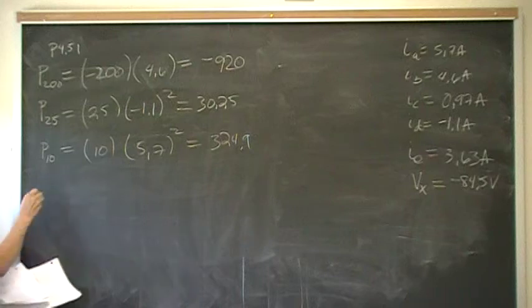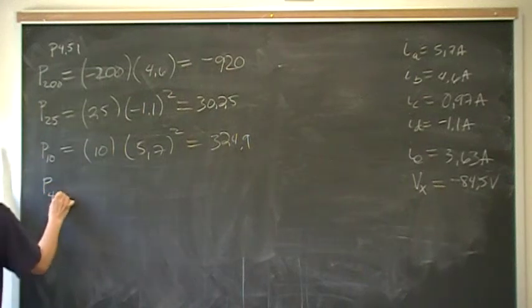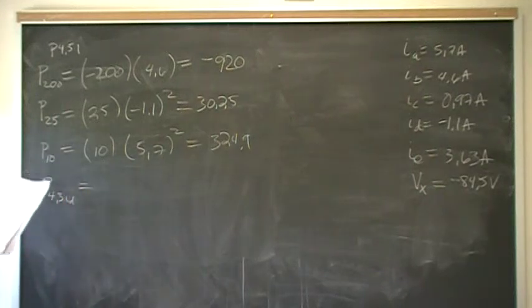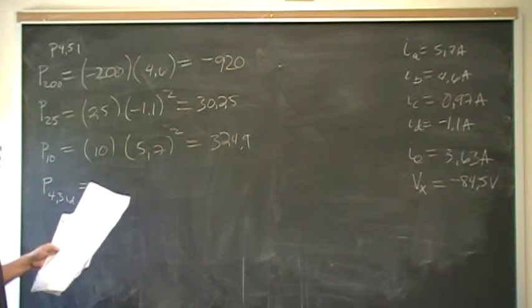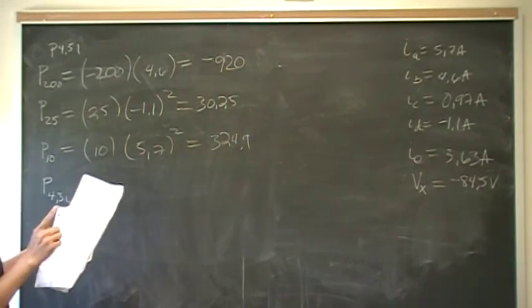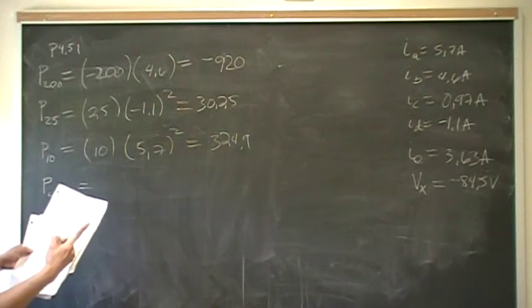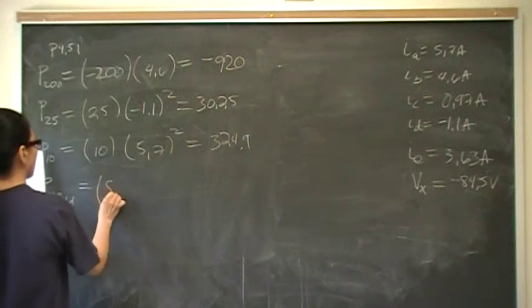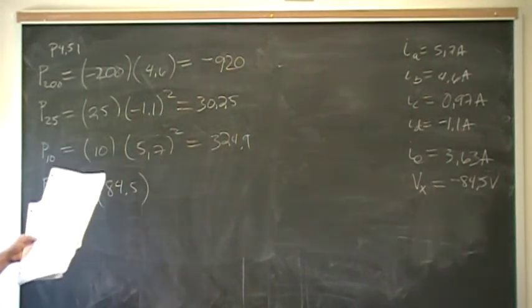The next one is the power dissipated by the 4.3 ID current controlled dependent current source. That's going to be the Vx. The net current enters the negative terminal, so negative times a negative Vx. Since Vx is negative 84.5, that's going to be positive. So a negative times a negative is a positive, so that's 84.5 volts.